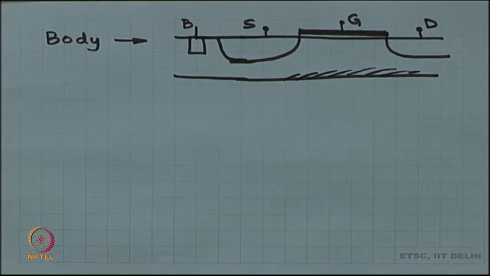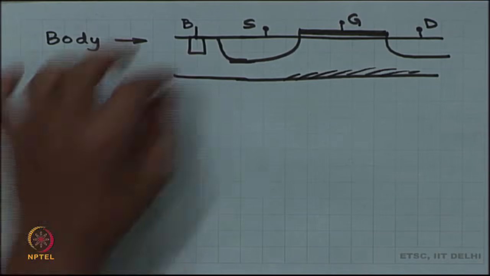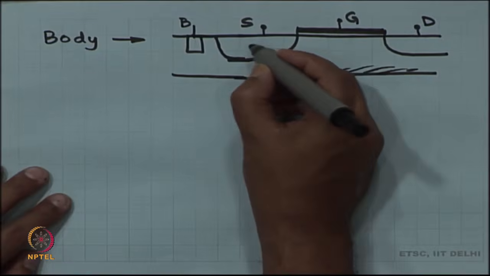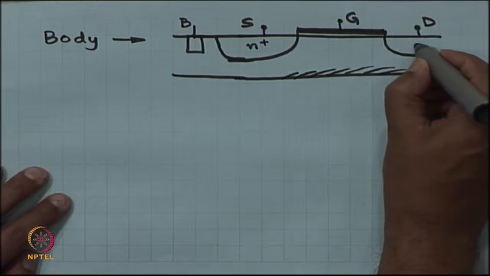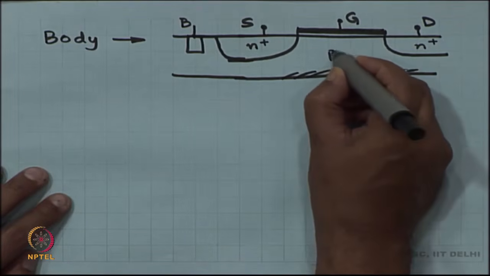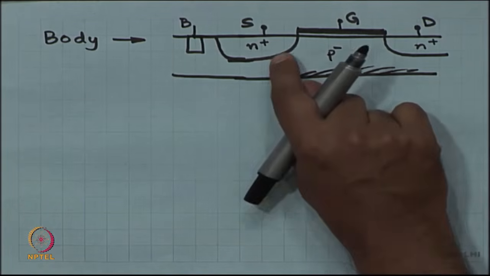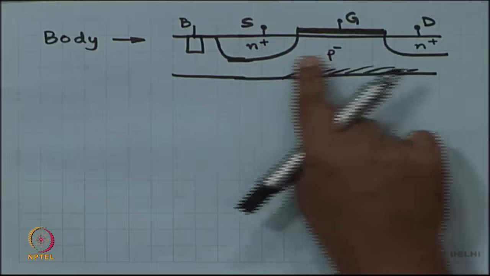Now, the body has an effect. The effect is, if I apply a voltage on the body which is not equal to the lowest potential. So, suppose this is an NMOS device. In an NMOS device, you have got two PN junctions.